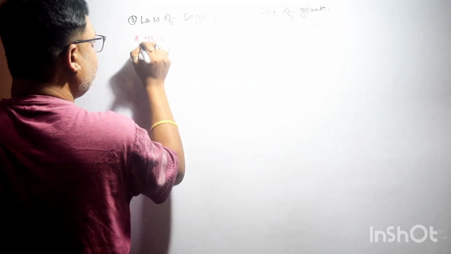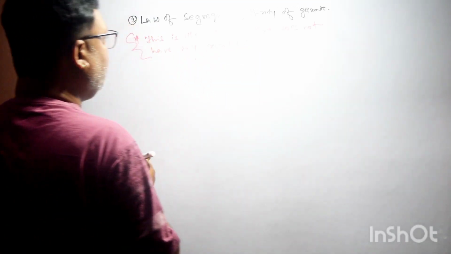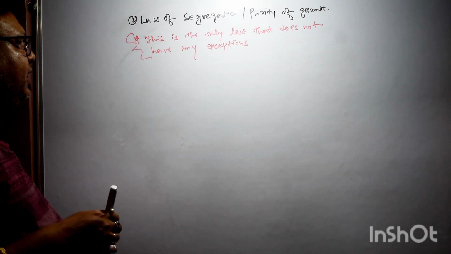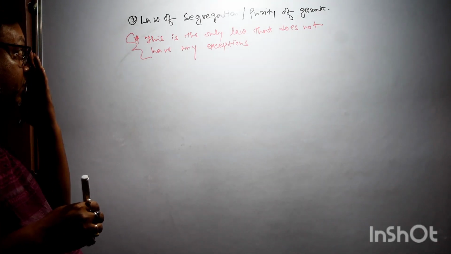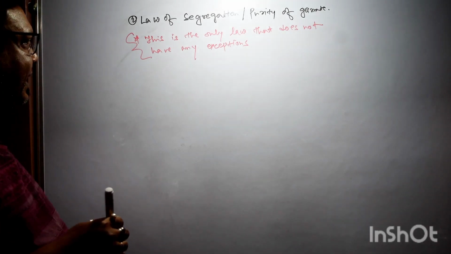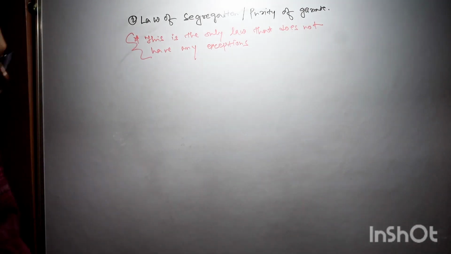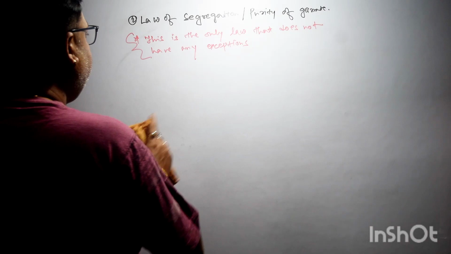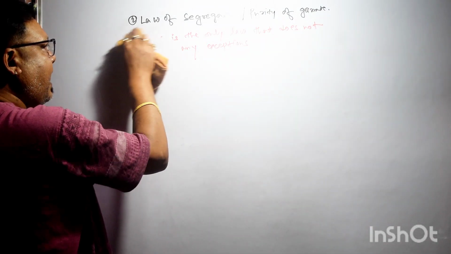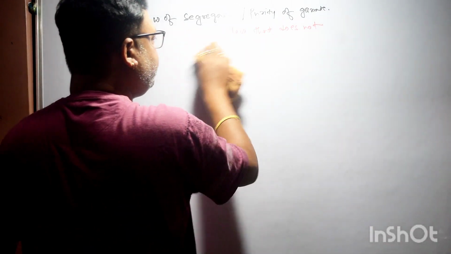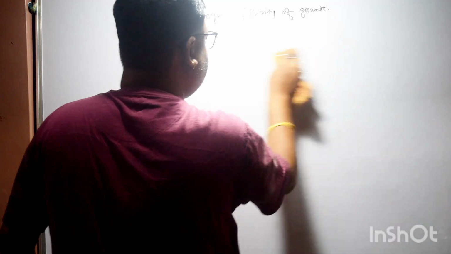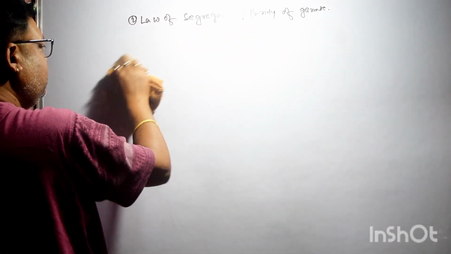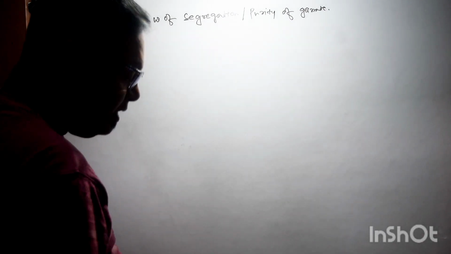Okay, this is most important. This is the only law among all the three laws given by Mendel which does not have any exception. So this is also known as the universal law of Mendel, as it does not have any exception. Now this can also be explained with monohybrid cross.